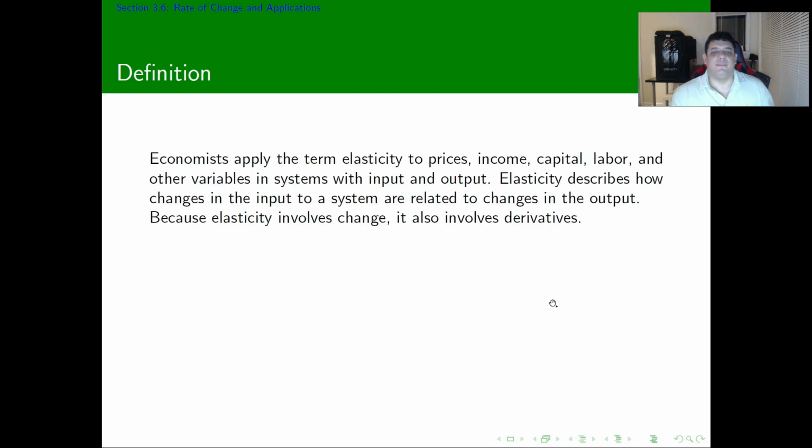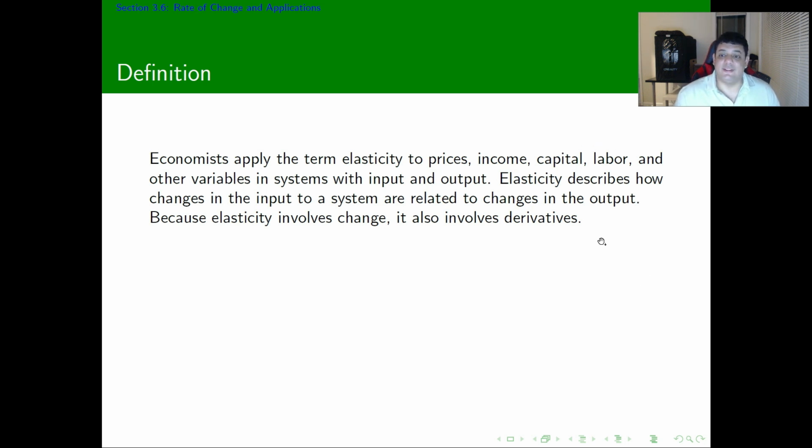Now, with this idea of marginal cost and average cost, the economists apply the term of elasticity to prices, income or capital or labor, and other variables in systems with inputs and outputs.